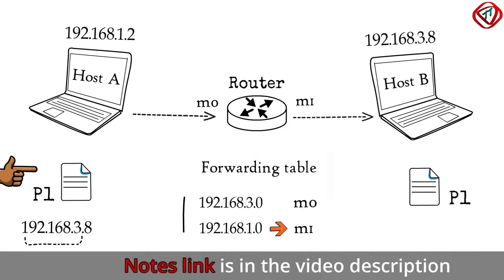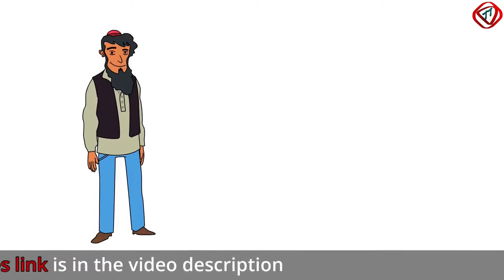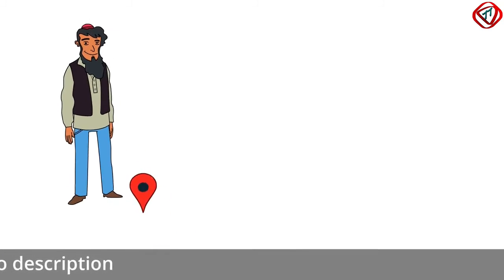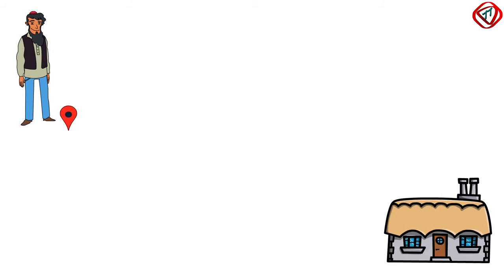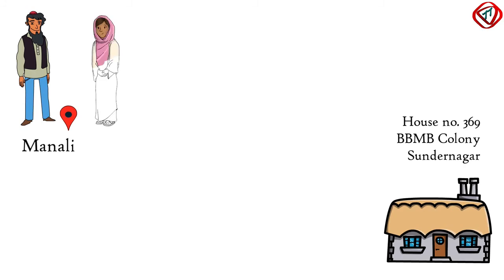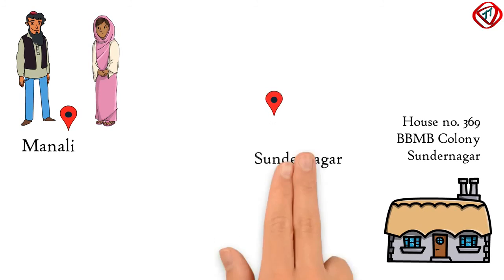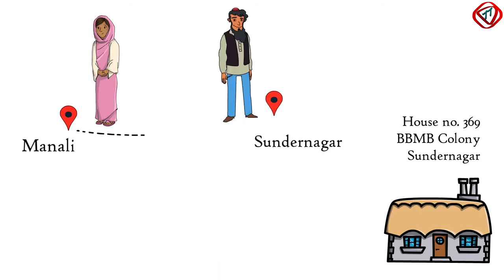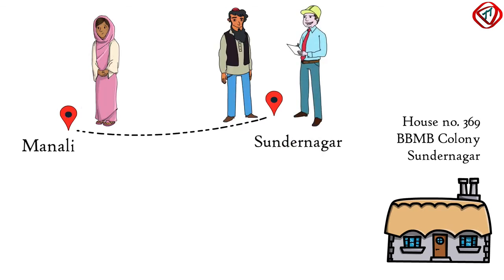Packet switching occurs in the same way as a person goes from one place to another if he does not know the route to the destination. Suppose you are in a place named Manali and you want to go to house number 369 BBMB Colony, Sundarnagar. At Manali, you asked a woman for the way to Sundarnagar and you reached there. In Sundarnagar, you asked a man for the way to BBMB Colony.